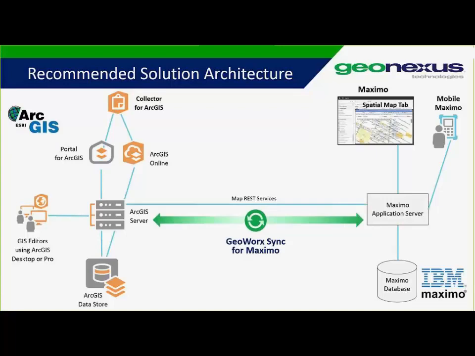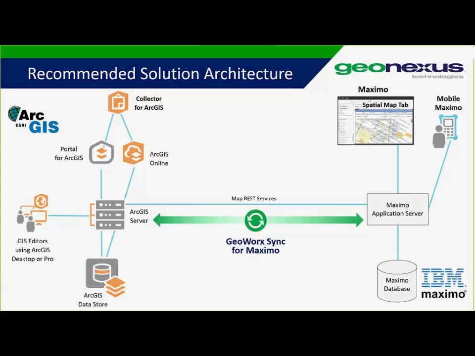So where we sit, right, is in between this loosely coupled integration, fully productized integration with GeoWorks Sync to provide the data level integration. So if I'm creating new assets, I'm creating new features in GIS, those become assets or locations in Maximo. If I'm updating information in Maximo, it synchronizes back to GIS.